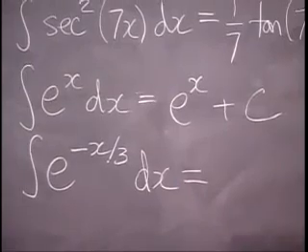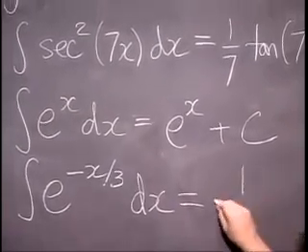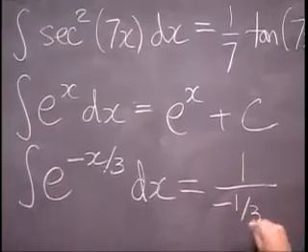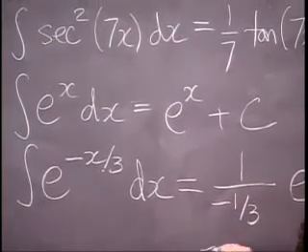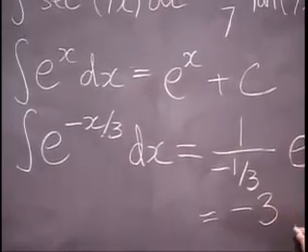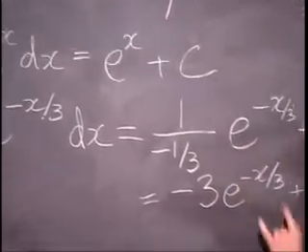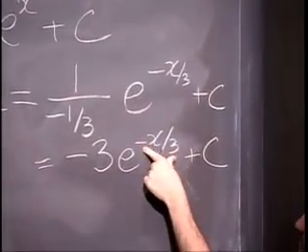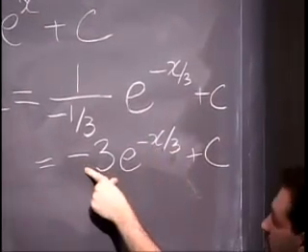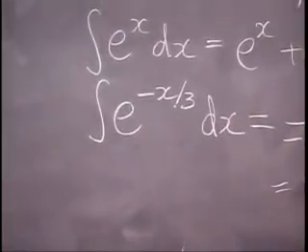I've replaced x by x times minus 1/3. So I'm going to divide by minus 1/3, which of course is the same as multiplying by minus 3. Reality check, differentiate this, you get e to the minus x over 3 times minus 1/3. The minus 1/3 kills the minus 3, and you just get e to the minus x over 3.